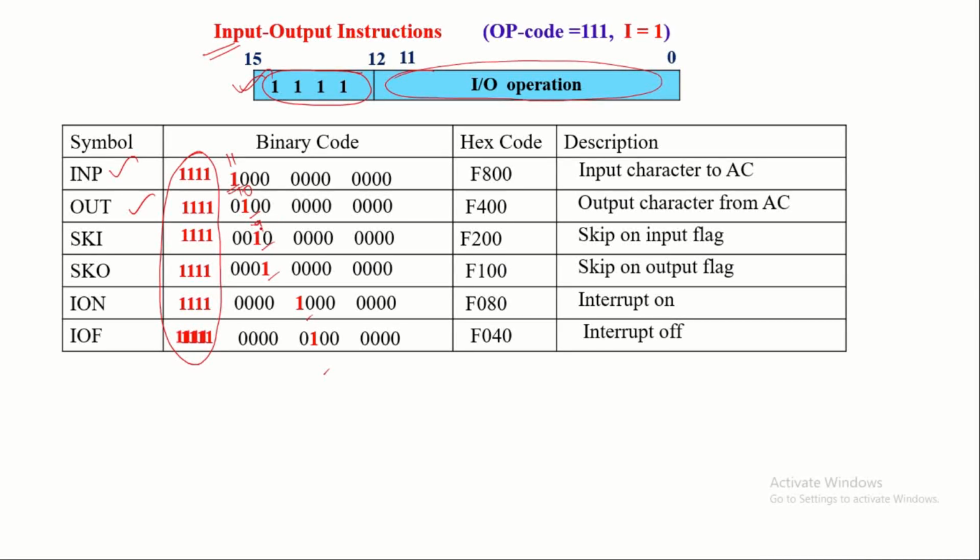And if the 9th bit is set to 1, it represents skip on input flag. If the 8th bit is set to 1, it represents skip on output flag. If the 7th bit is set to 1, it represents interrupt on. If it is the 6th bit, then it represents interrupt off. Here, the corresponding hexadecimal code of this 16-bit binary code is also represented.